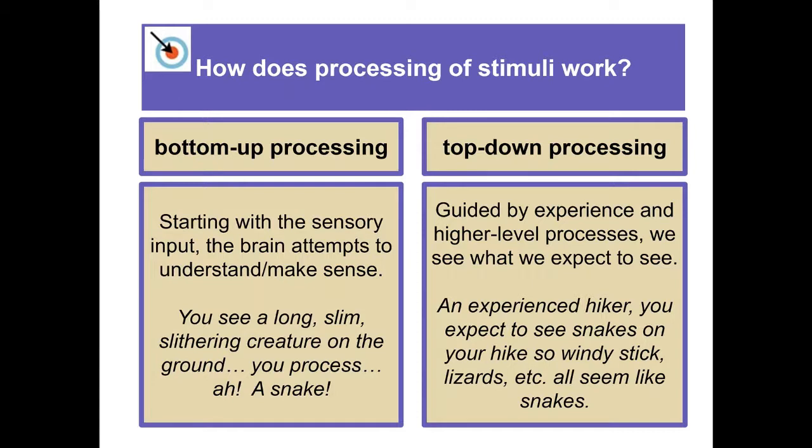And it's easier to understand bottom-up processing when you compare it to top-down processing. So top-down processing is what happens when you've experienced something previously before. So for instance, if instead of walking on the beach with bare feet and stepping on a sharp shell, let's say that you're going to the doctor to get a vaccination, to get a shot, and you have had a shot before, and so you know that it's going to be painful, and you use this process of top-down processing in order to anticipate the pain that you might feel when you get the shot.